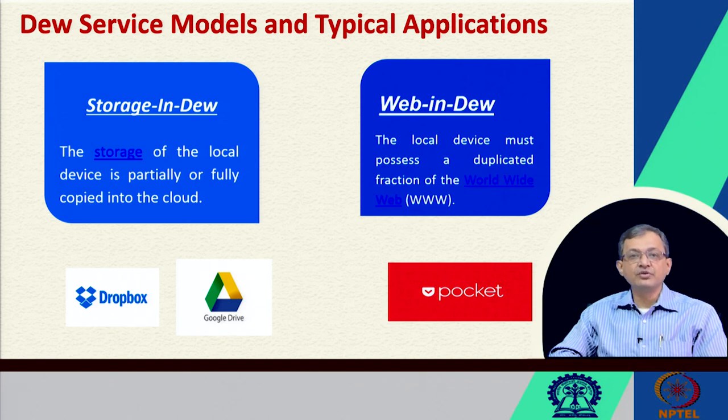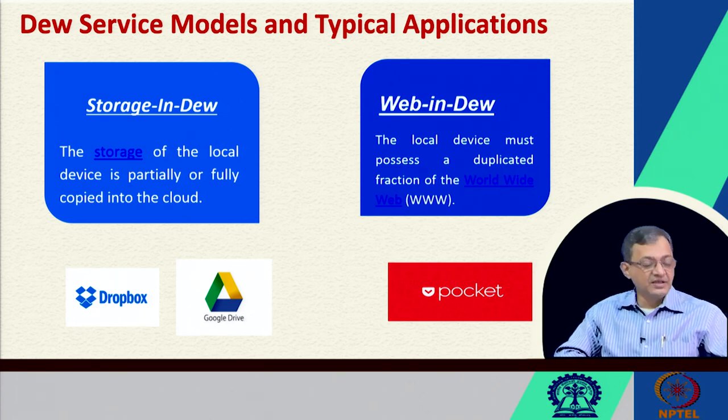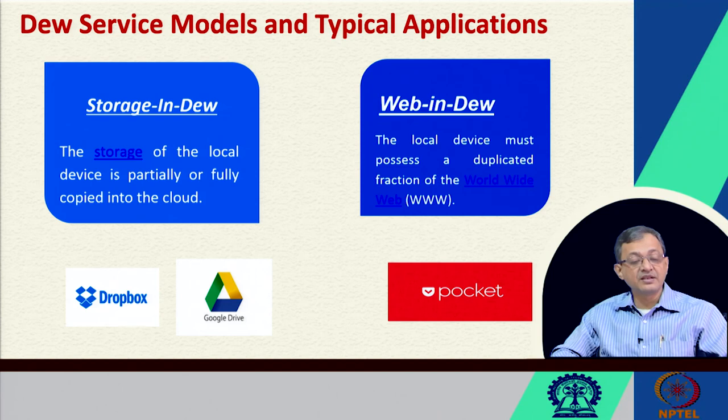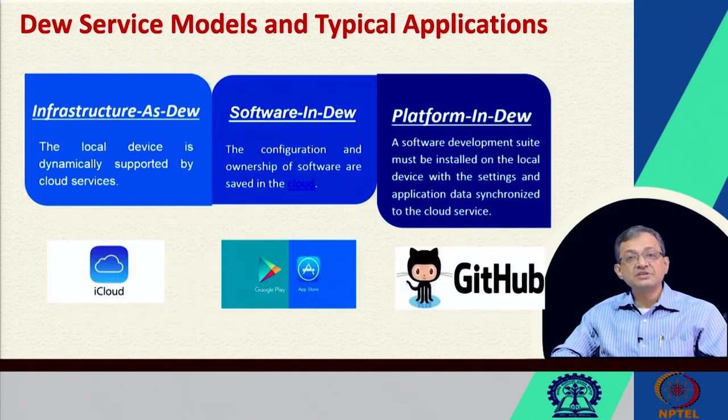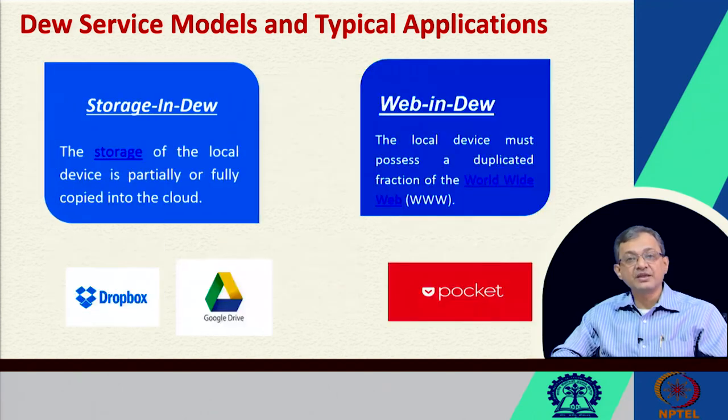And web in dew, where a local device must possess a duplicated fraction of the www or World Wide Web, that is what we consider the web in dew, right. So, these are the several applications or service models which the Dew computing paradigm tries to leverage, right.